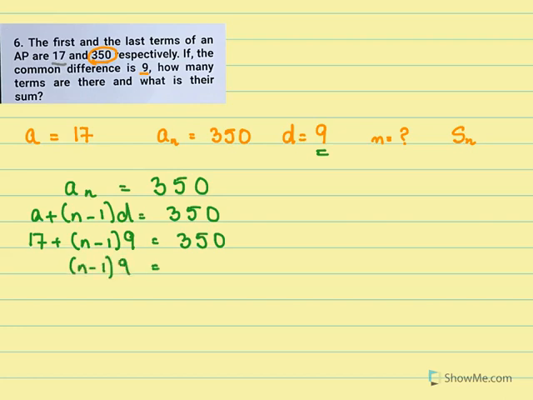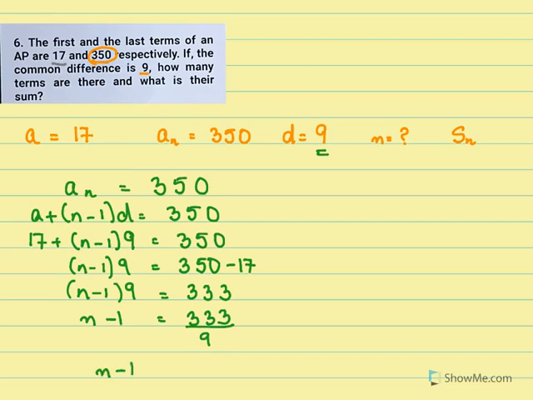So here you'll solve (n minus 1) 9. The 17 I will take on the other side, and you'll have 350 minus 17. 350 minus 17 is 333. So n minus 1 equal to 333 over 9. n minus 1 is 37. So n will be 38.